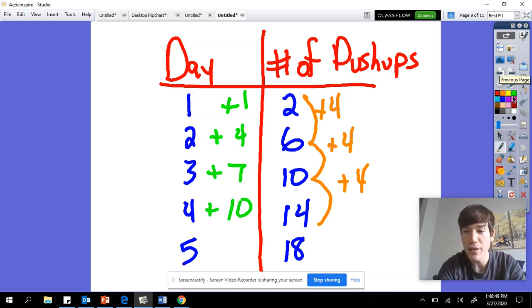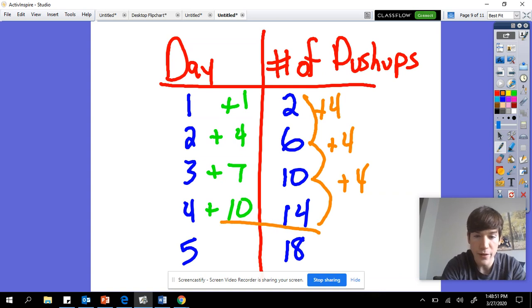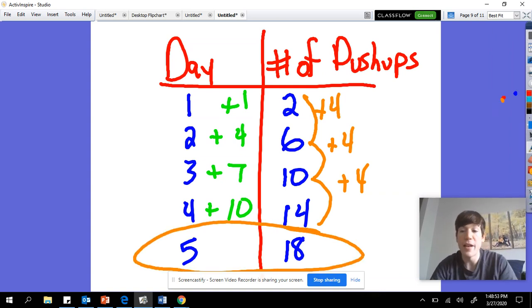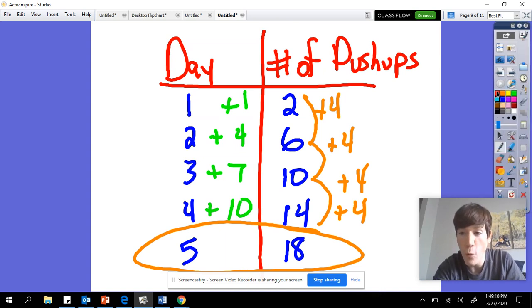So let's take a look at this row here, day 5. On day 5, notice I did 18 push-ups. What I'm going to think about is how many times I added 4 from my original day, day 1, to get 18. Well, notice I had added 4 different times.